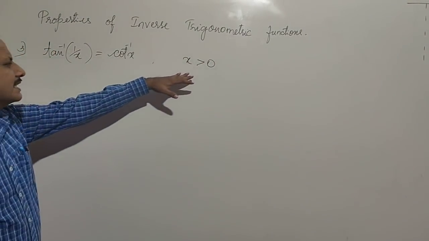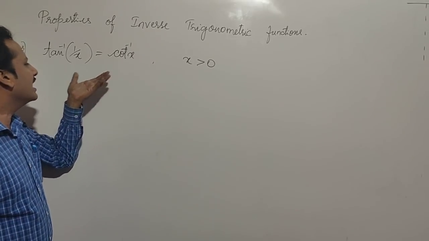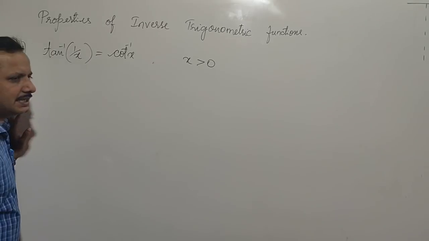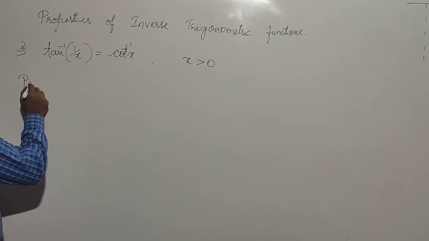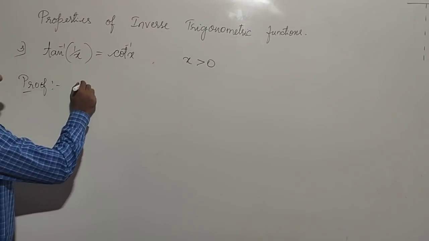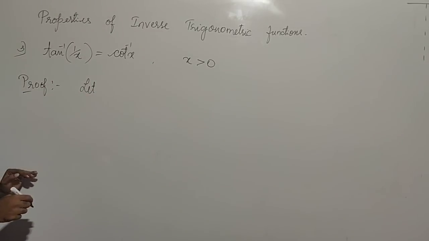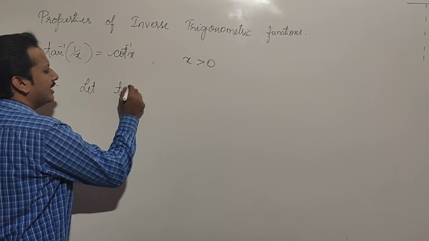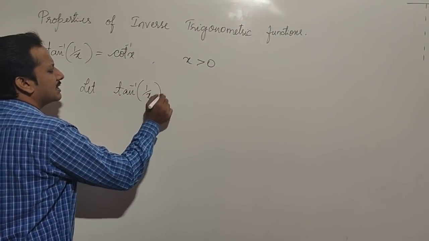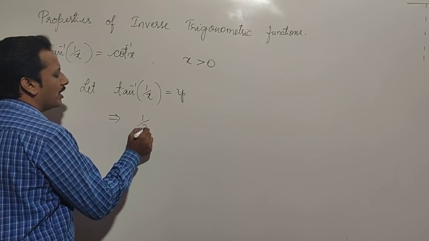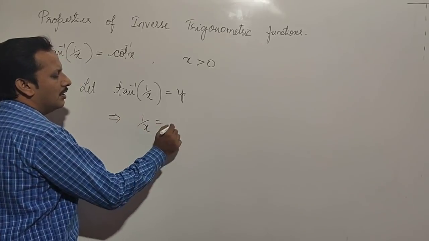If x is greater than 0, then we can write tan inverse of 1 by x is equal to cot inverse x. Proof of this result: like what we did in the previous two cases, here also I'll start with, let tan inverse of 1 by x be equal to y. This will imply that 1 by x is equal to tan y.